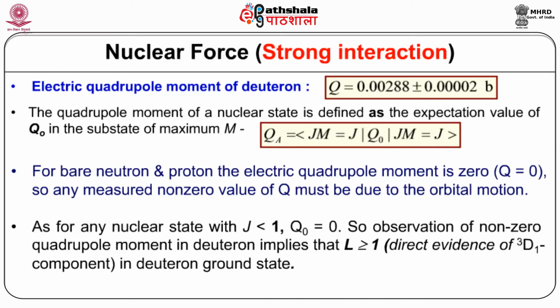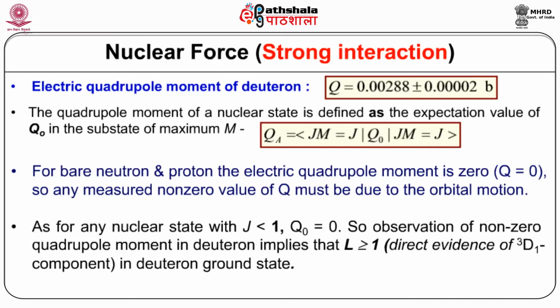For bare neutron and proton, the electric quadrupole moment is 0, so any measured non-zero value of Q must be due to the orbital motion. For bare neutron and proton the quadrupole moment is 0 because the neutron doesn't have any charge and the proton is isolated.